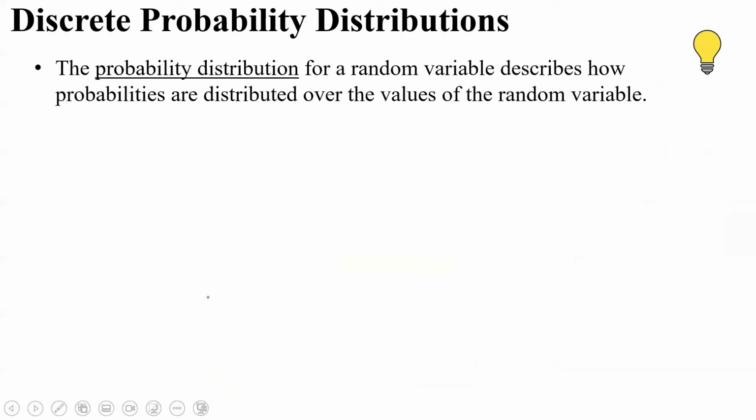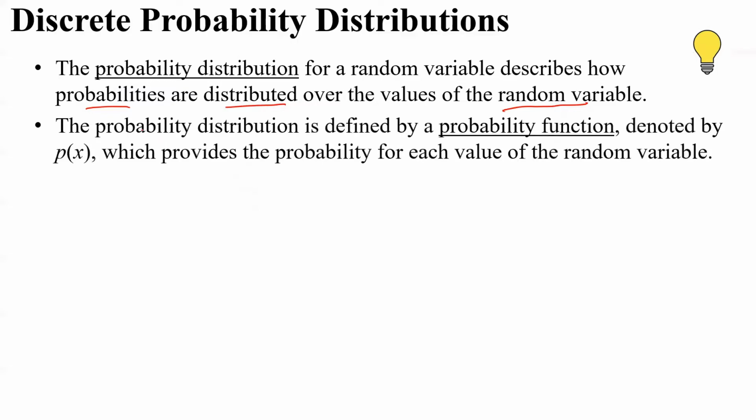All right. The probability distribution for a random variable describes how the probabilities are distributed over the values of the random variable. We will look into some examples in a while to see how the discrete random variable is distributed.